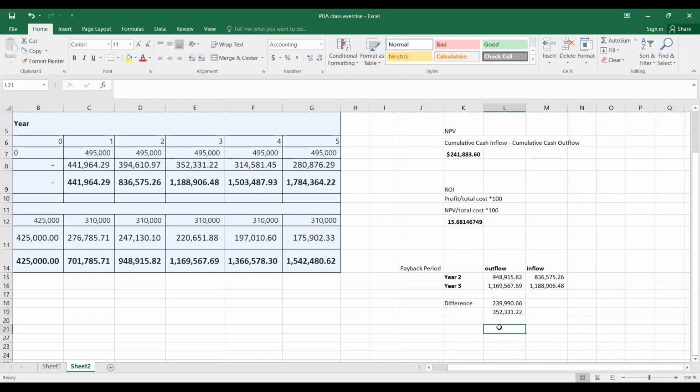So it will be 239,990.66 divided by this value multiplied by 12. So 8.17, is that what you get?